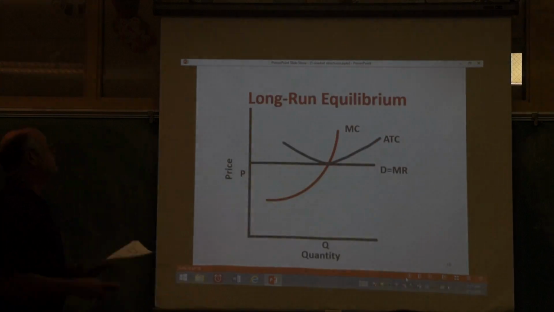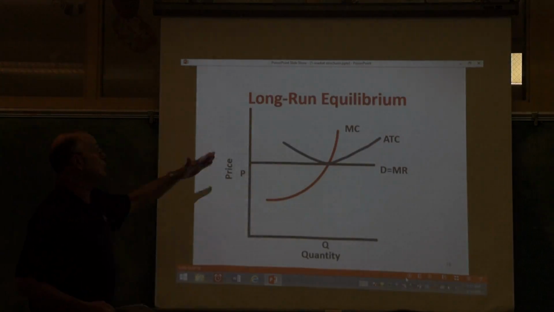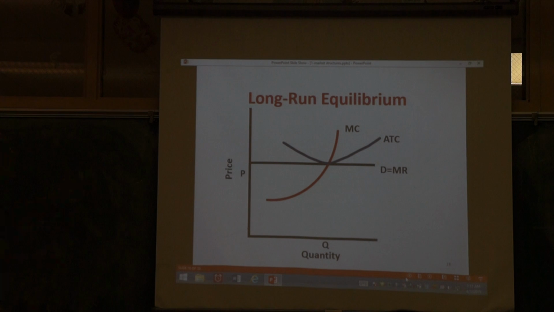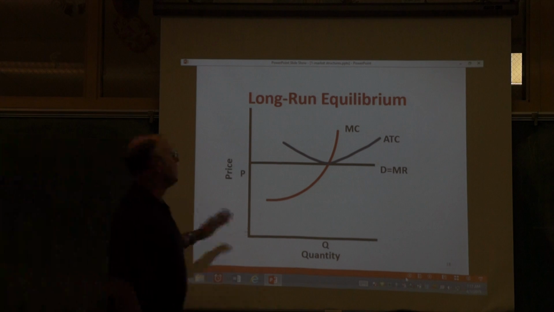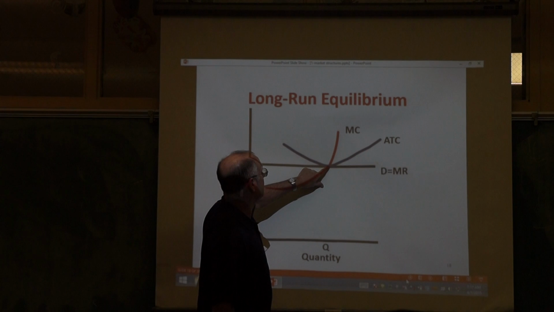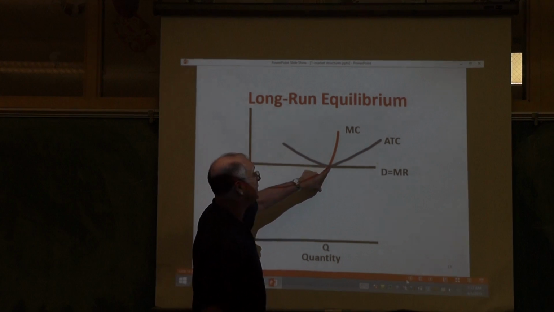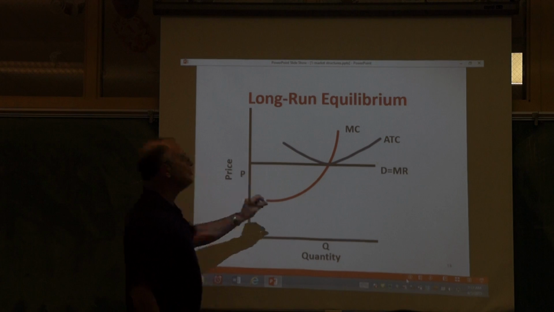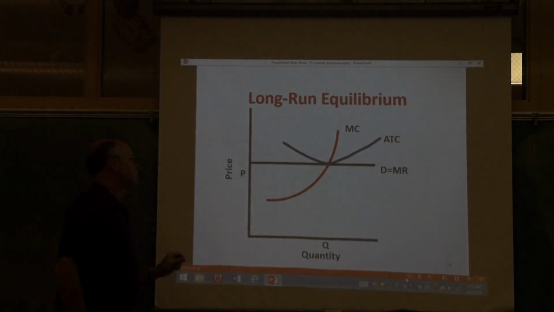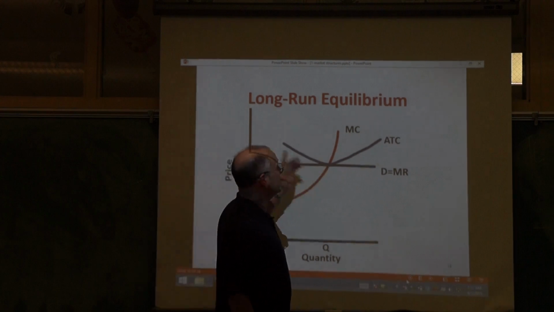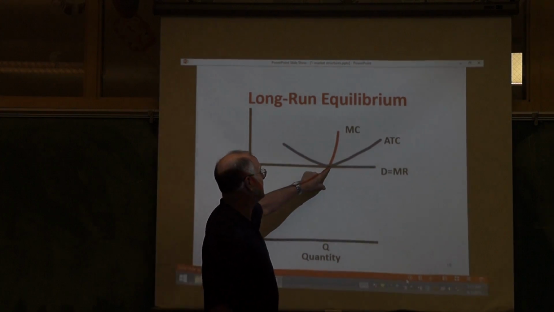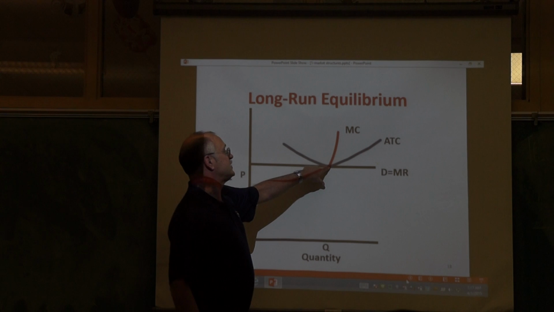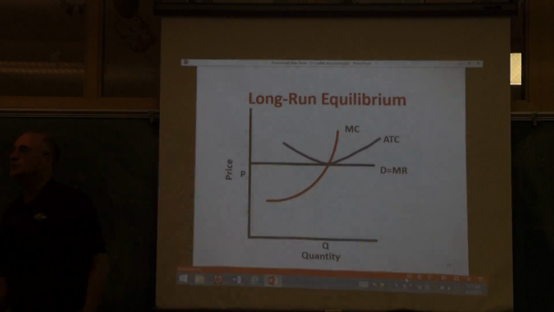Okay, so in the long run, here is your long run equilibrium for a firm. And notice ATC producing at its lowest point, that's where we're producing. That's productively efficient. When you're producing at the lowest ATC, you're productively efficient. And how do I know where the lowest ATC is? Where MC crosses ATC is the lowest. So that's productively efficient.